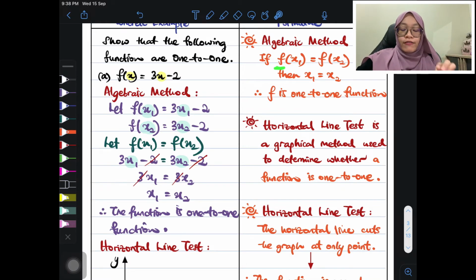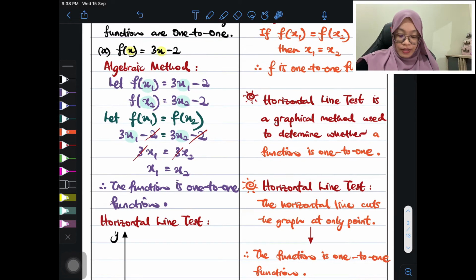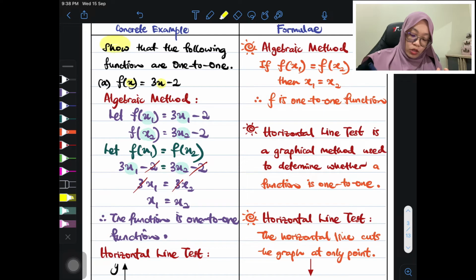If you let f(x1) equal f(x2), then you will meet x1 equals x2. You have to simplify it by yourself until you see x1 equal to x2. Only then is the function called a one-to-one function. And then you make the conclusion. Just like that. Very easy. The conclusion is very important here. If it asks you to show, this word show will appear a lot in exams. So when there is a show, there must be a conclusion.